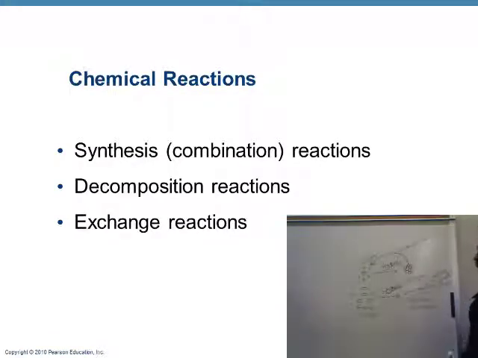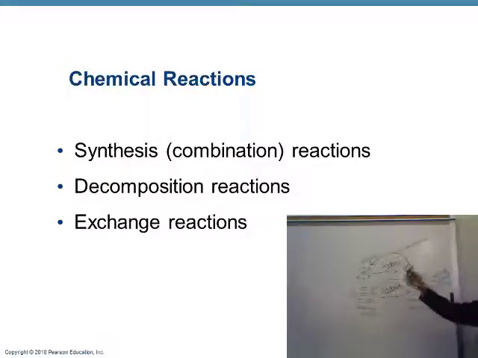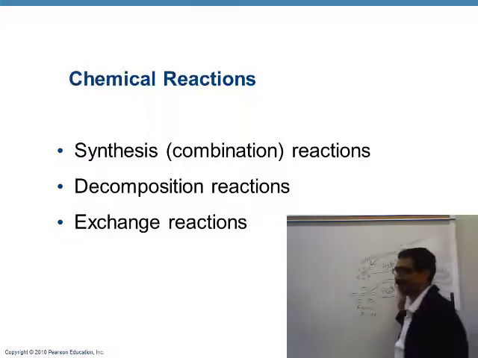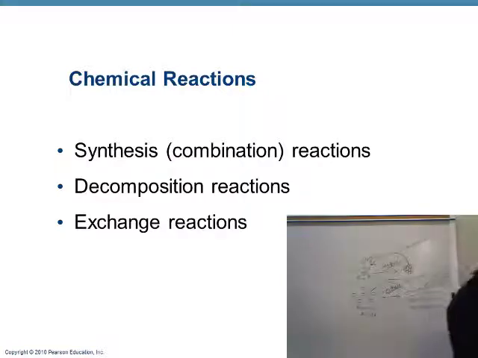Now here this is a protein chain. If I break the peptide bonds, what will happen? The amino acids will be released from the protein chain. So that is also decomposition. The opposite of synthesis is decomposition, breakdown. Okay.